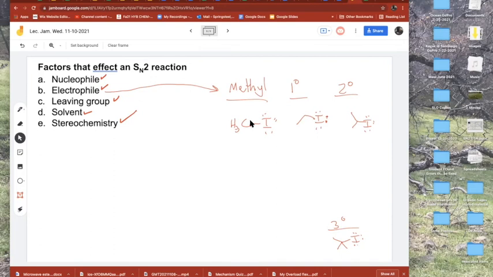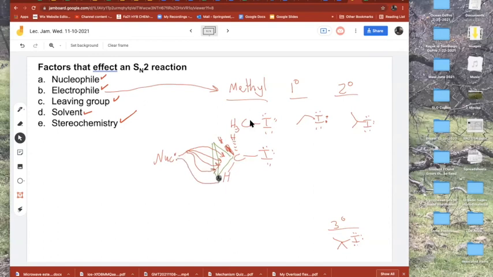And I'll tell you a little more about it. I like to think of these in terms of their cones of reactivity. The methyl has a very large cone of reactivity, because when my nucleophile is going to try to come in, it can come in like here and react, here and react, here and react. It's got a lot of ways to react. If it comes all the way out here, it bounces off and doesn't react.